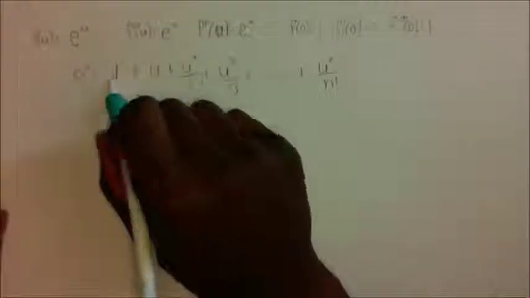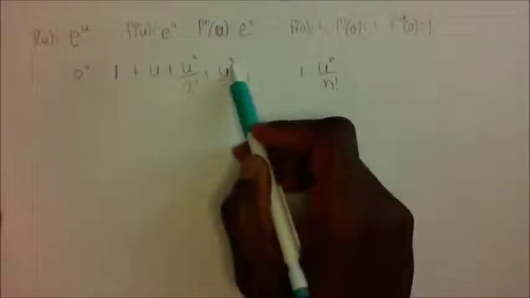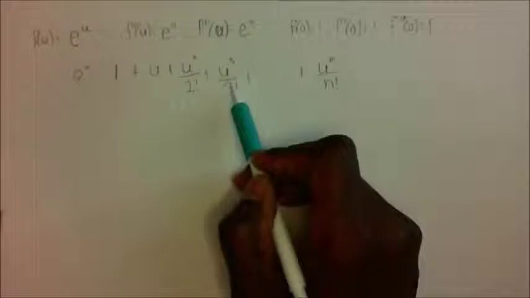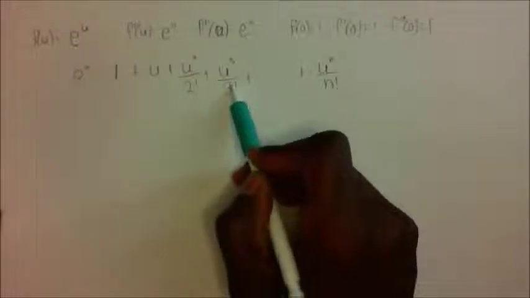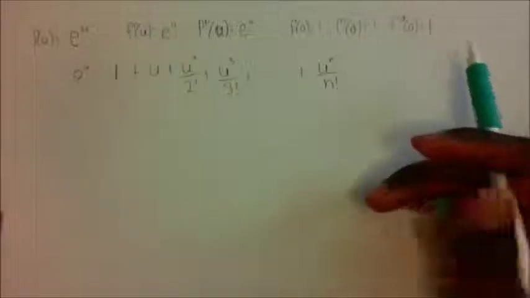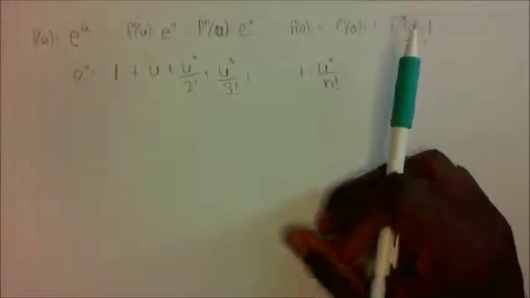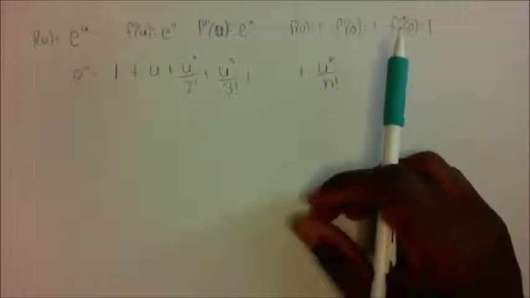And we know that this is equal to e to the u because if we take the derivative of this, that goes to 0, that becomes 1, that becomes u, this becomes u squared over 2 factorial. So basically we just shifted the whole thing right, and we wind up getting the same thing. So we know that that works.